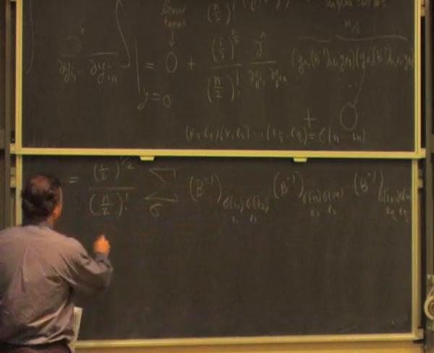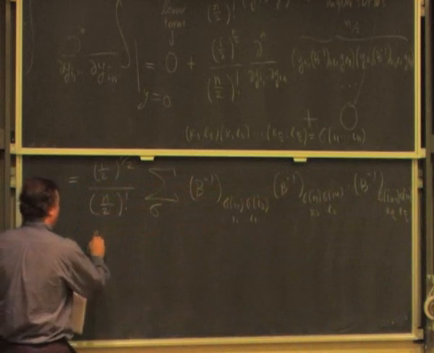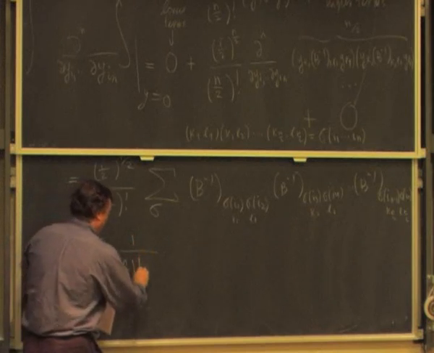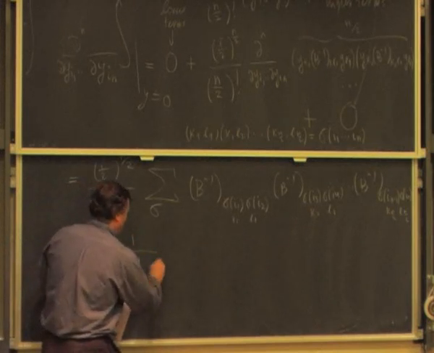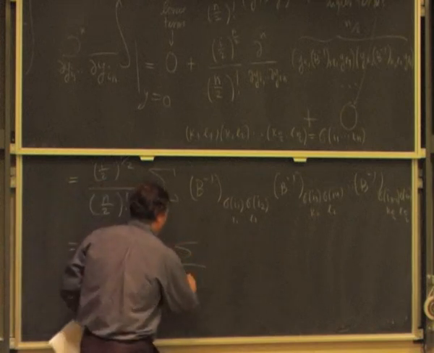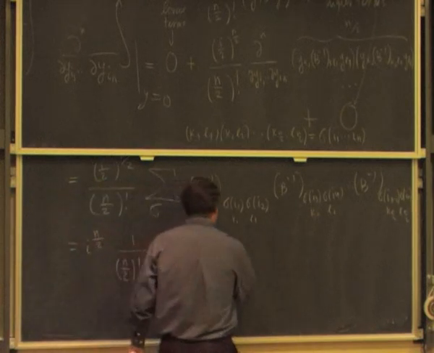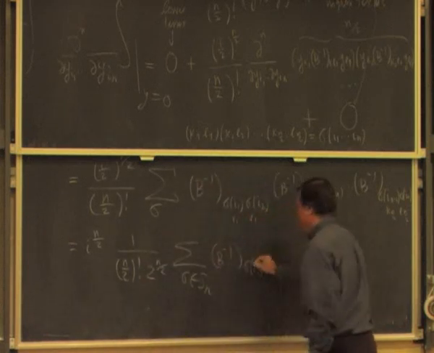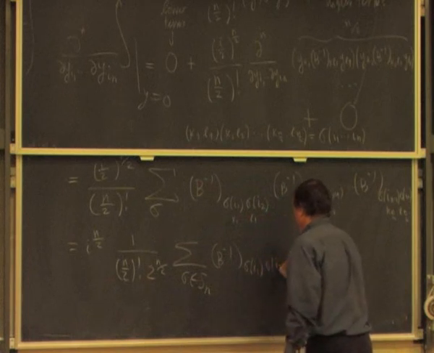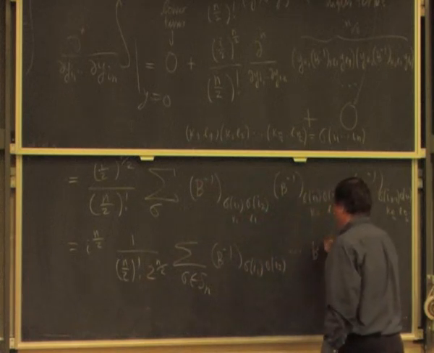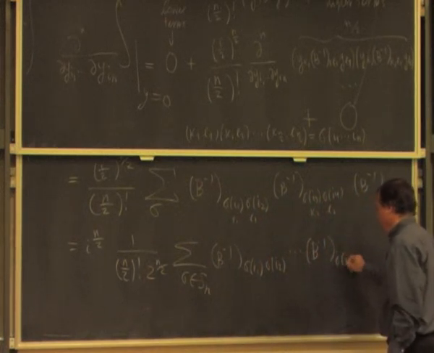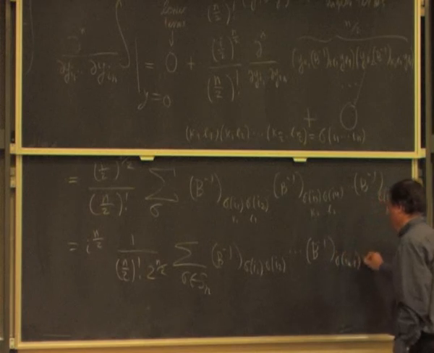Okay, so then this is equal to i to the power n over 2, 1 over n over 2 factorial, 2 to the n over 2, and then the sum over sigma from S_n of B inverse sigma i1, sigma i2, ..., B inverse sigma i_{n-1}, sigma i_n.